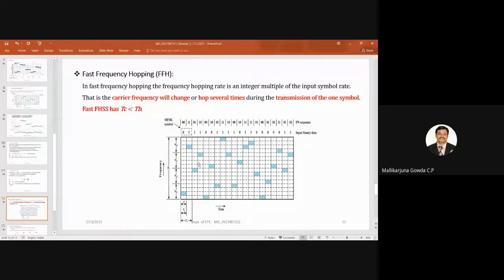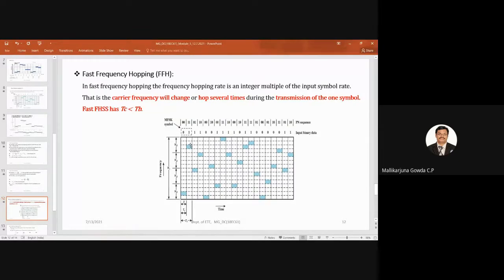With 2 bits you can divide this into 4 sub-blocks: 0, 0, 0, 1, 1, 0, and 1, 1, and think of these as the hopping frequencies FC0, FC1, FC2 and FC3. For the symbol 0, 1, two hopping frequencies are there: one is FC0, another is FC3.